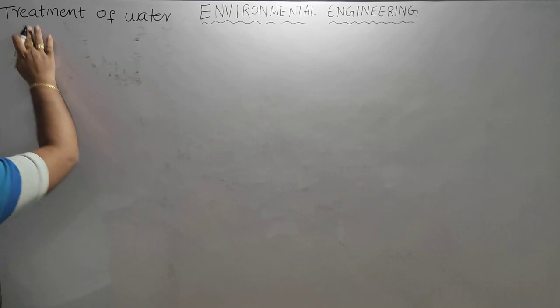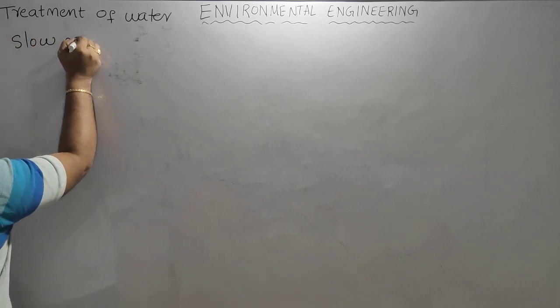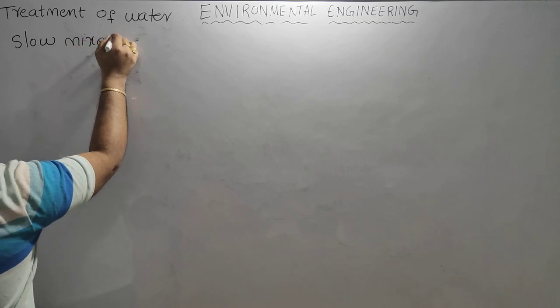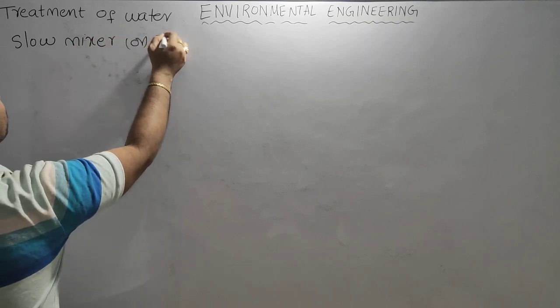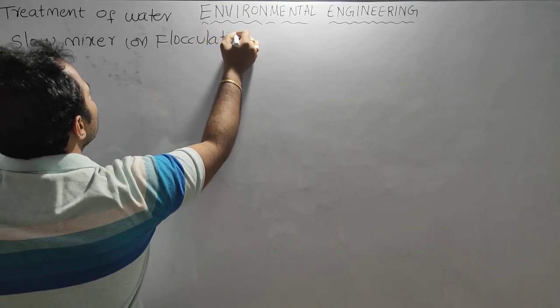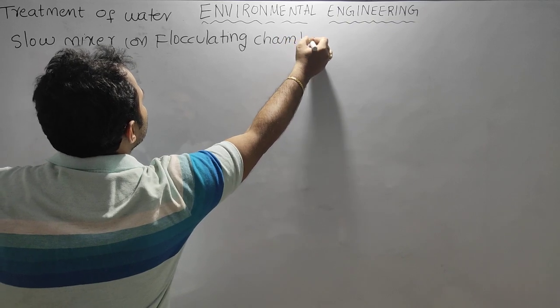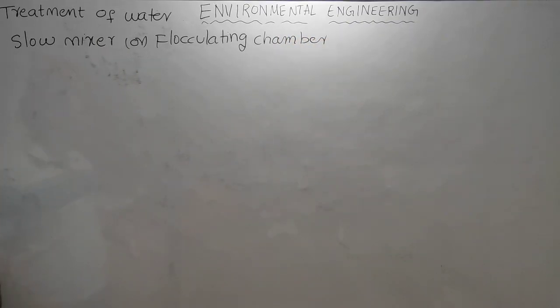Okay, slow mixer or flocculating chamber. In this process, the destabilized particles are allowed to come in contact with each other in order to promote agglomerization.